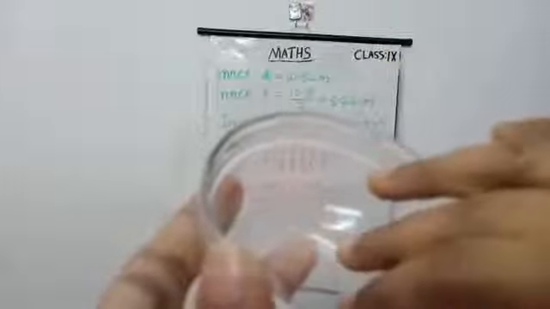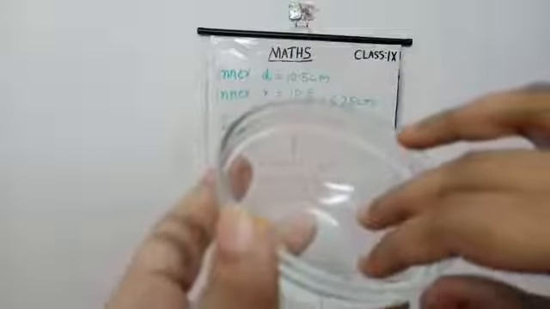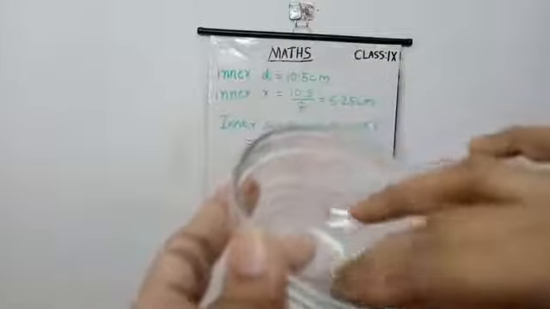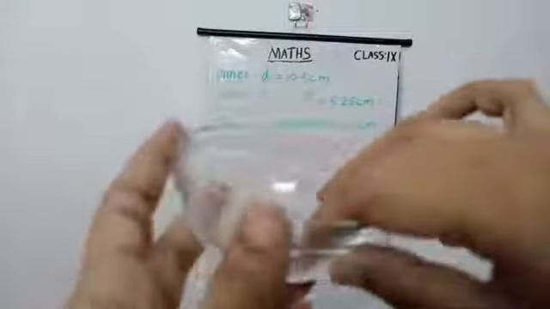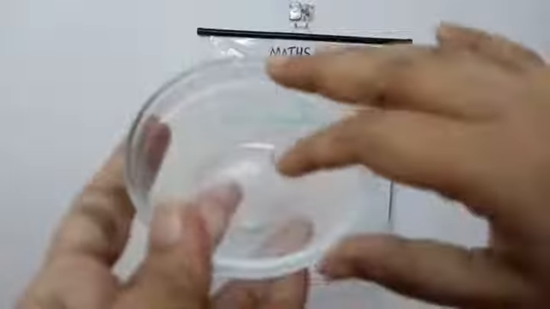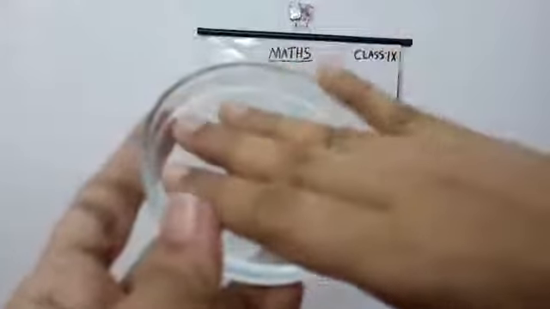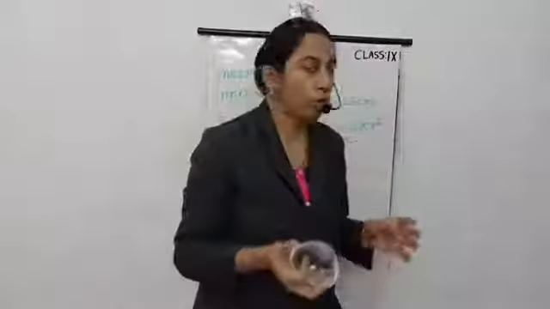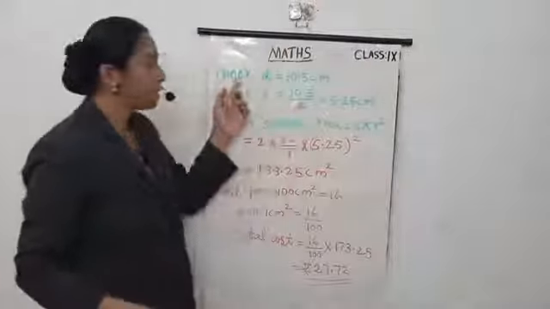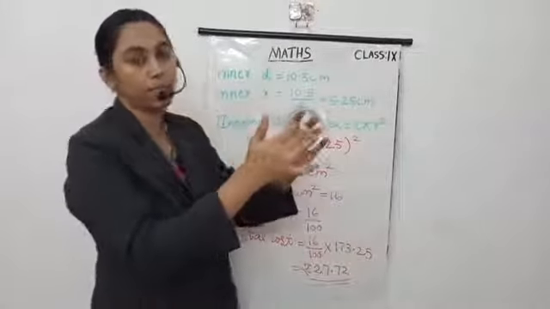We need to find the cost of tin plating it on the inside portion. We need to plate the inside of this bowl. Then we need to find the inner surface area and its total cost. Okay, so let's start. Inner radius means inside radius.